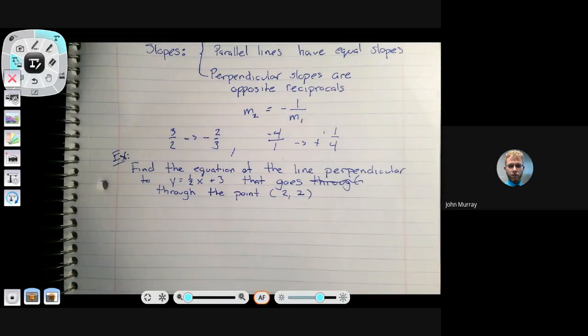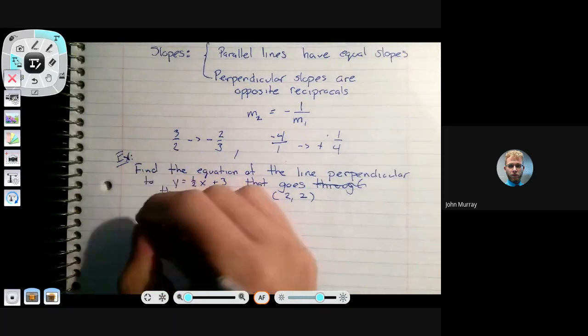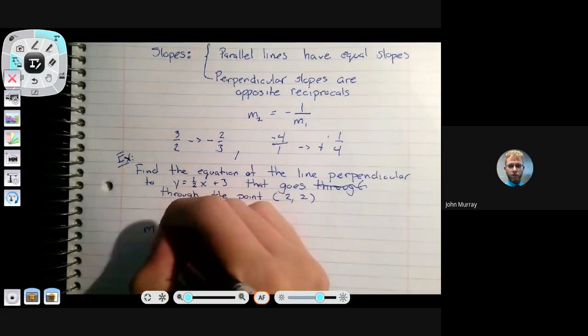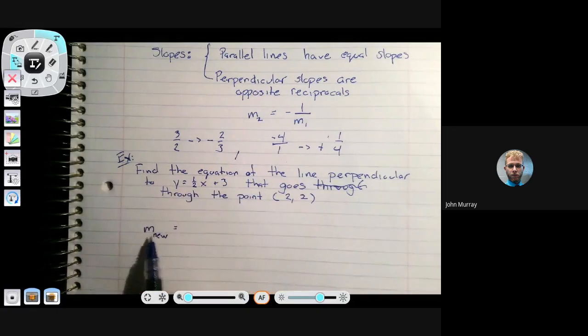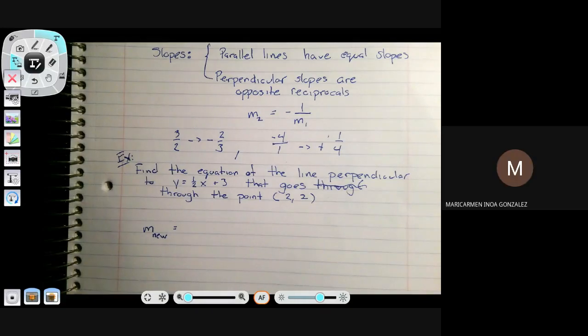All right, so the first thing that we need to do is find the slope. I'm going to call it the new slope, so m new. You could say m2, or you could just call it m. So what is my original slope? For the original equation, what is the slope that I have? -2.